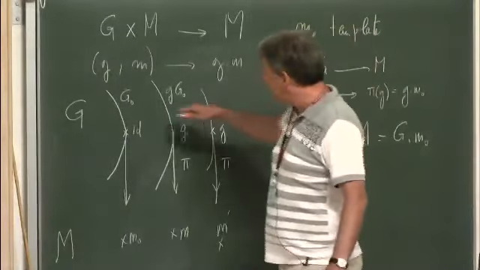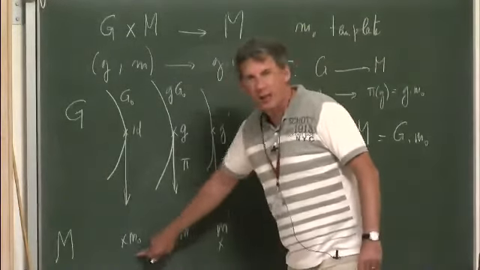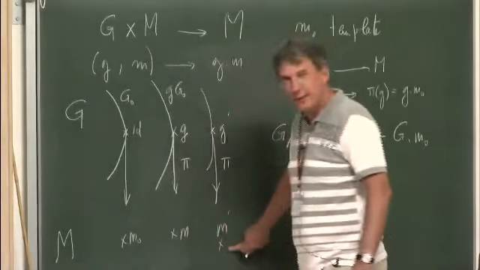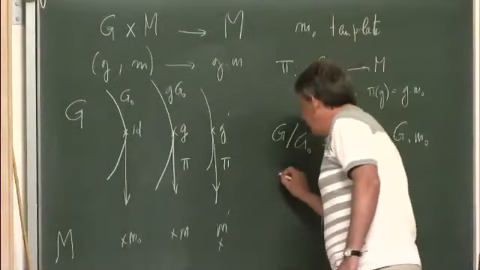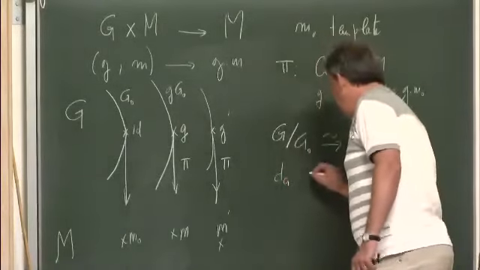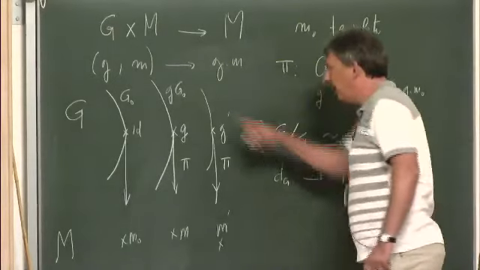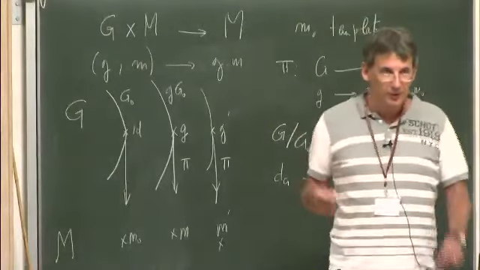So if I can build a distance here, I can deduce a distance here by just saying that the distance between this and this will be the infimum distance between the two fibers. So if I have a distance dG, I will build a distance dM by just minimizing the distance between the fibers.